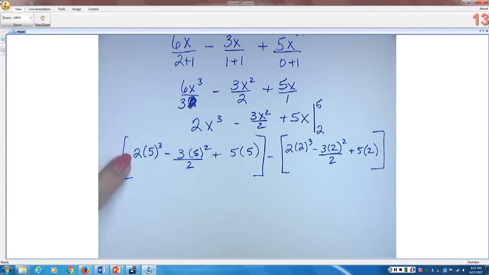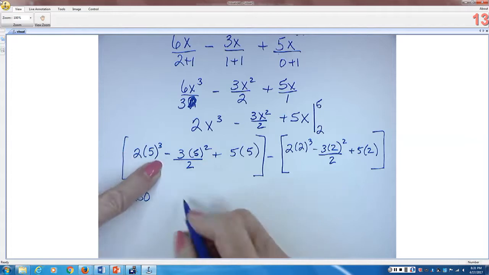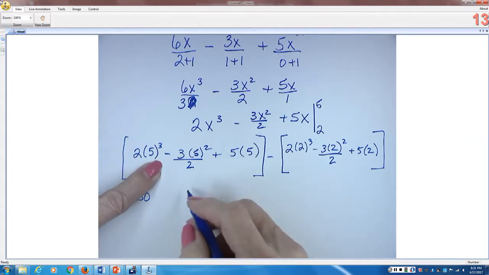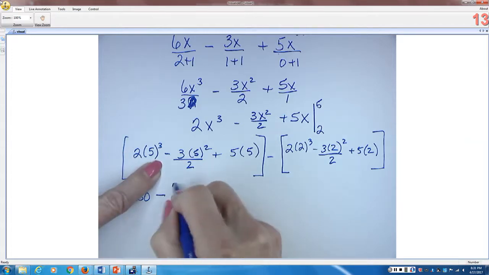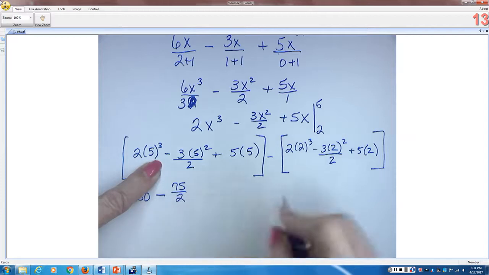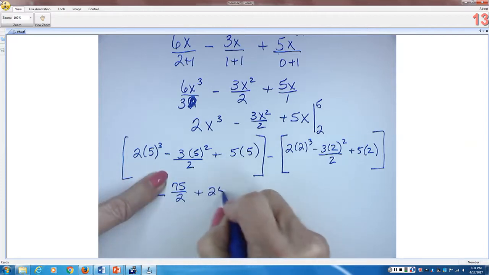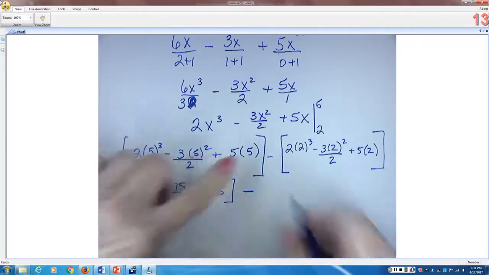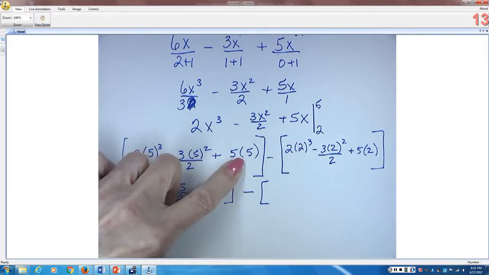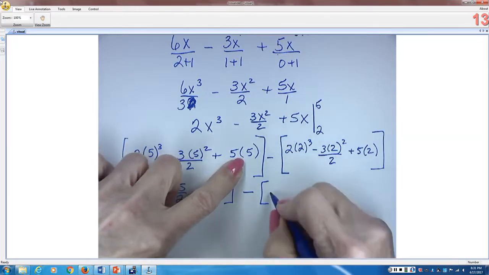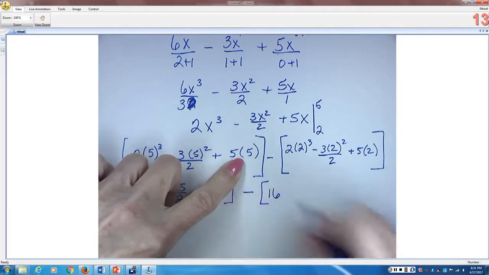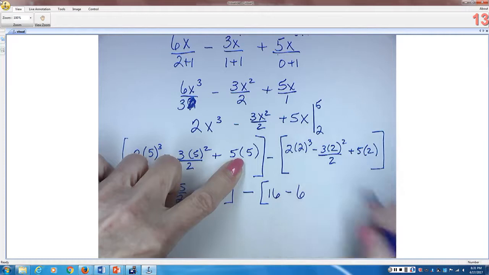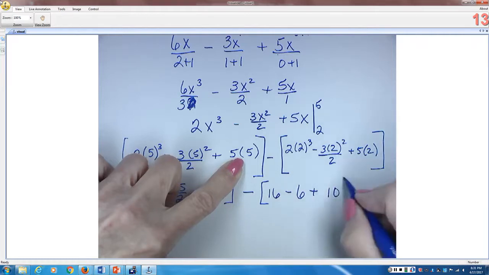And 2 times 5 cubed is going to be 250. 3 times 5 squared is going to be 75 over 2 plus 25, minus 2 times 2 cubed is 2 times 8, which is 16, minus 3 times 4 is 12 over 2 is 6, plus 5 times 2 is 10.